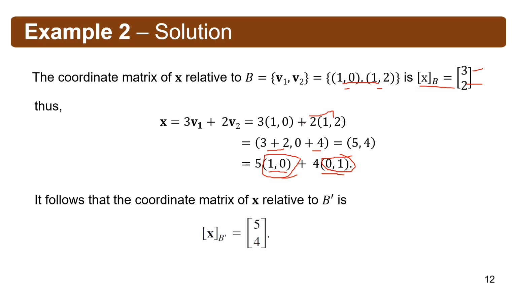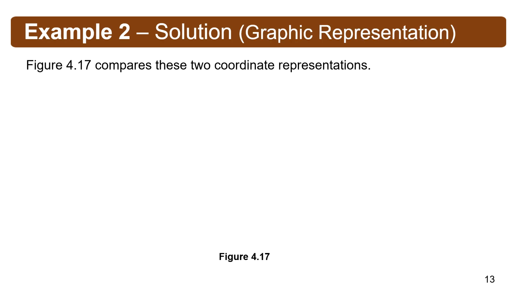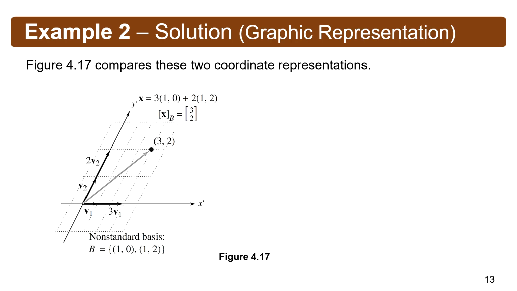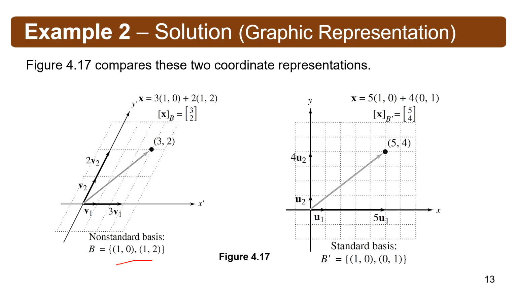So making the transition from B to B prime, with the standard basis, that becomes now (5, 4). All right, now you can see here the figure. This is from the non-standard, and this one is the standard.